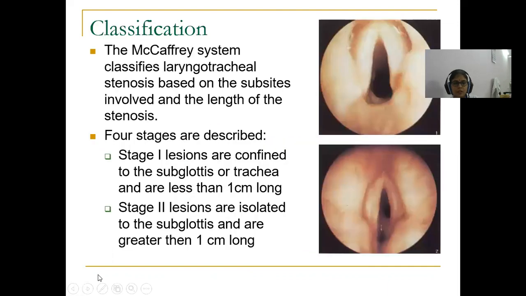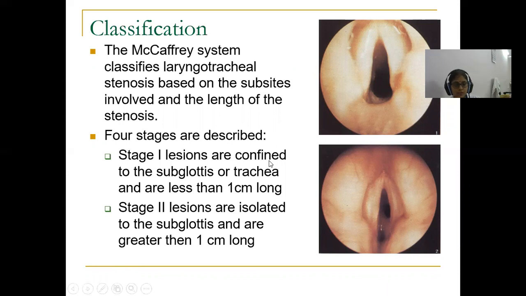Now coming to the classification. How do you classify subglottic stenosis? There are 4 stages as described. You can follow the McCaffrey classification for laryngotracheal stenosis, or there's also a classification by Cotton-Myer.